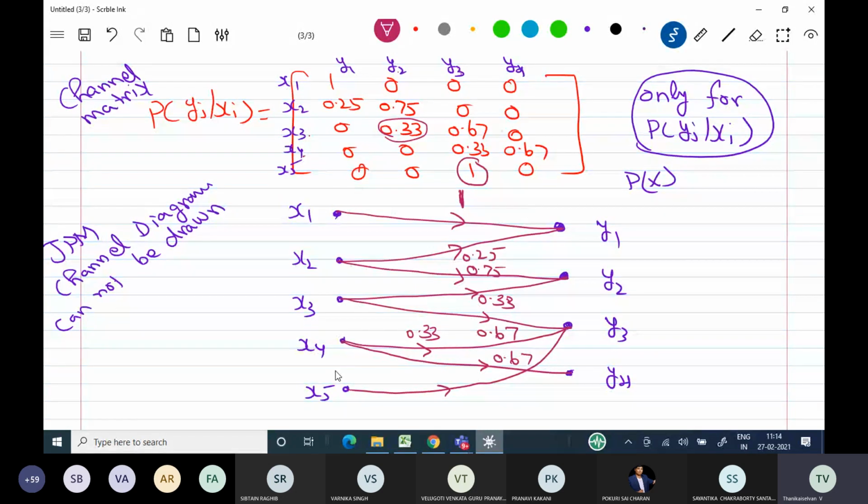There is no connection between x5 and y4, no connection between x5 and y2, and no connection between x5 and y1, because wherever the probabilities are available, you have to make the connection.